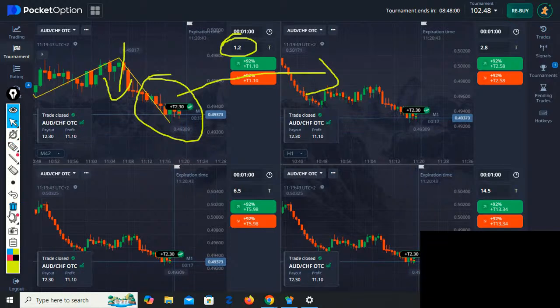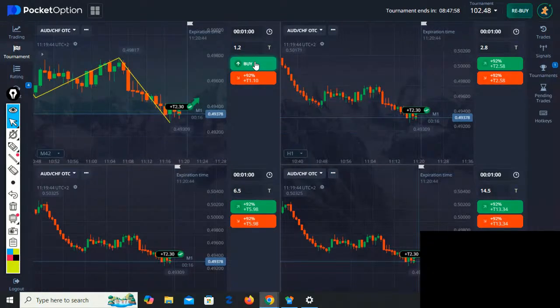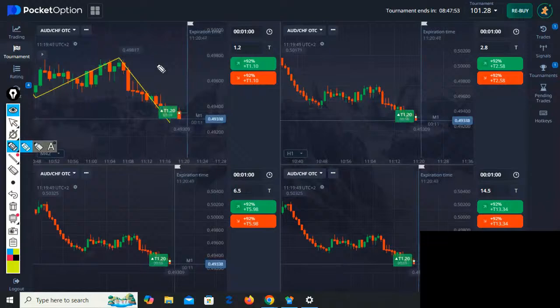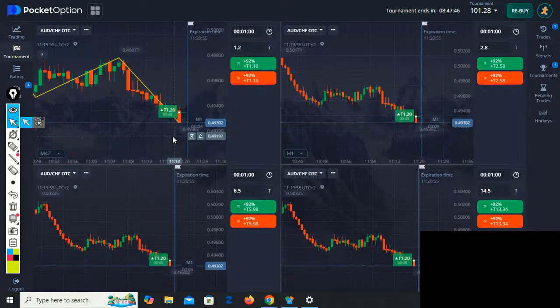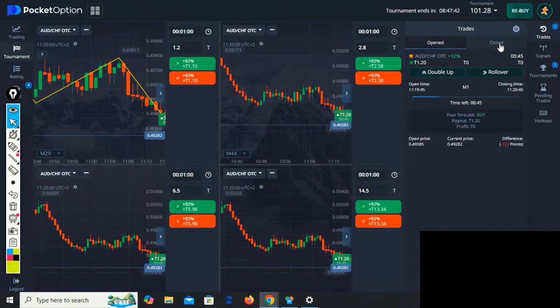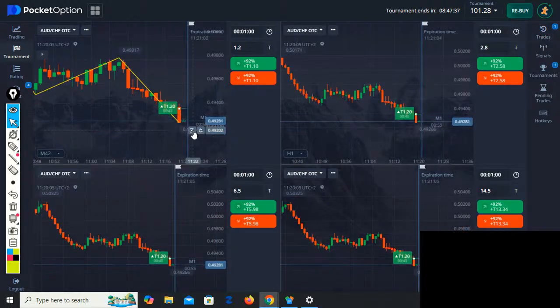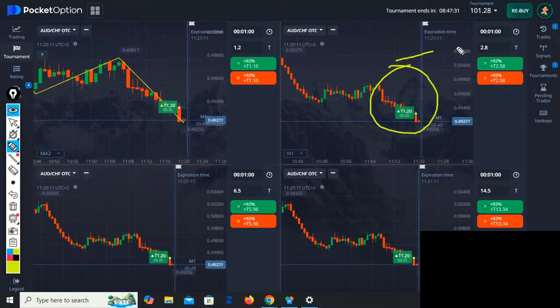All right, you won this trade. So we keep on taking buy trades in case you have downwards momentum like this. We keep on taking buy trades. So let me see the close. Okay, this one is going to be a loss. So if it does, we'll take a buy over here with this amount.